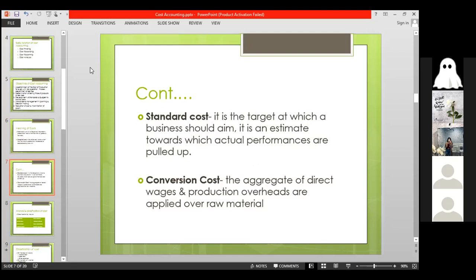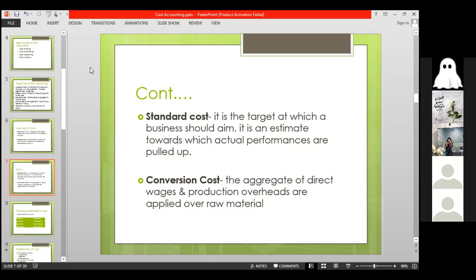So let's say for toothpaste, you have some chemicals that include mint, maybe calcium, could be fluoride, and other chemicals mixed together, and the toothpaste is produced. So conversion cost is what is the price to convert all these chemicals in different situations and mixing them together to create one toothpaste.